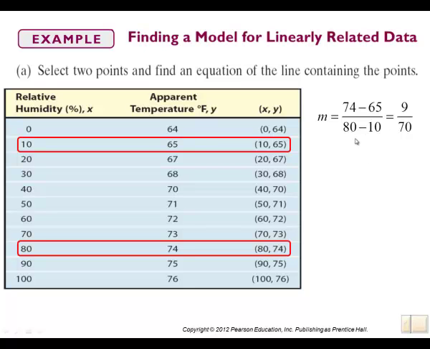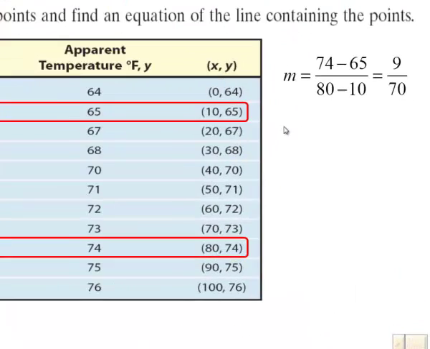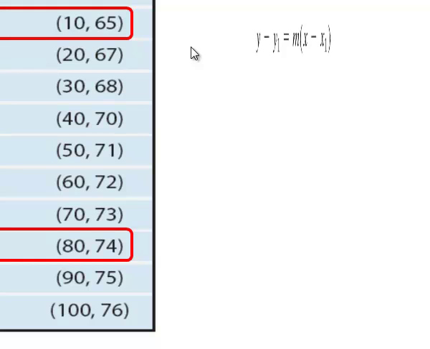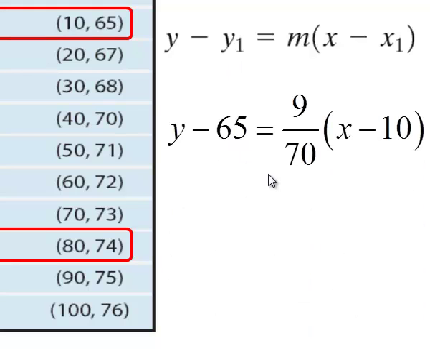Okay, what do you think we would do now to get our equation? Well, we would use the point-slope equation. We would use the first point as our x1, y1, and here's our slope. So we put in here 65 for y1, there's our slope, 9 over 70, times x minus 10, our x1.